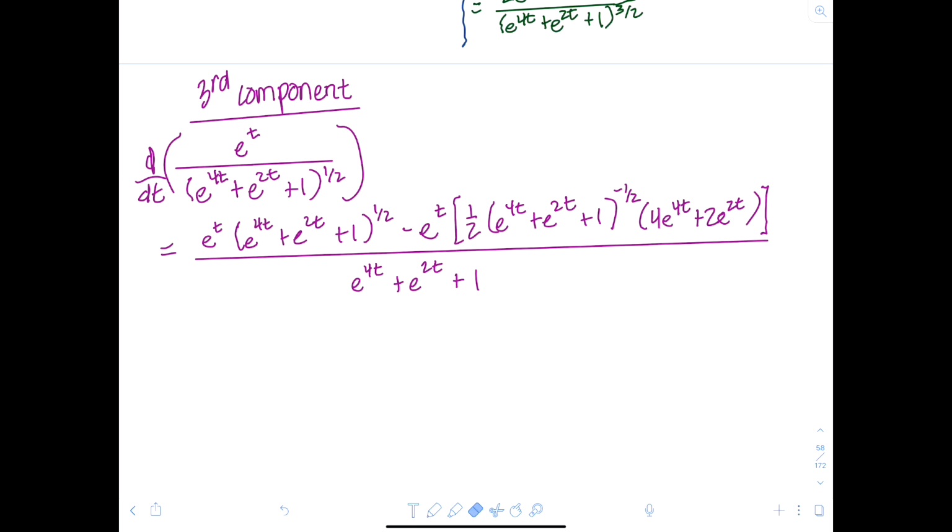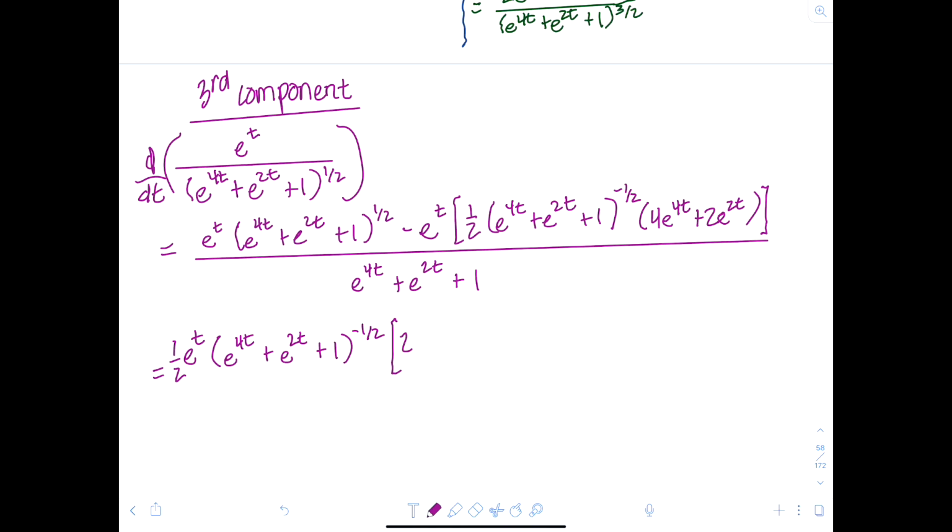Good so far? Awesome. All right, again, factoring out what we can, we'll have e to the t. We've got to factor out 1/2 e to the t, and then also e to the 4t plus e to the 2t plus 1 raised to the negative 1/2. When we do that, we're going to need a 2 for the first one.